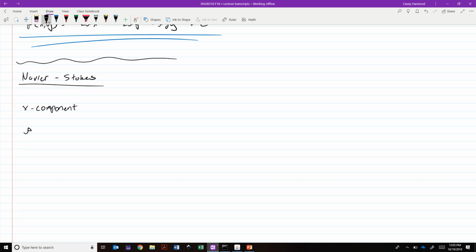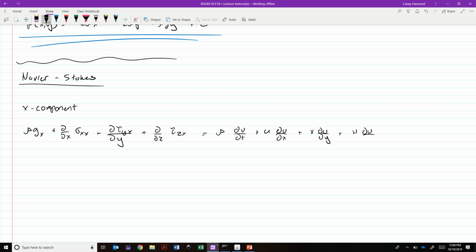Our original equation of motion was rho gx minus d dx of sigma xx plus, sorry, that was a plus, d dy plus d dz, equal to rho du dt plus u du dx plus v du dy plus w du dz.